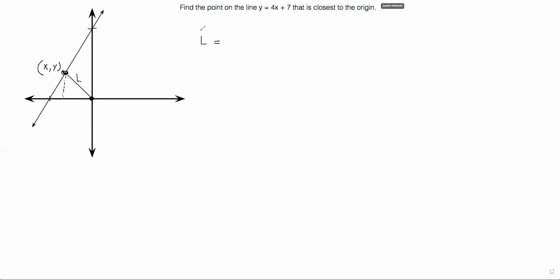So we have, I'm going to call this delta x, and then I'm going to call the height of this triangle that I made delta y. So the length is going to be delta x squared plus delta y squared.